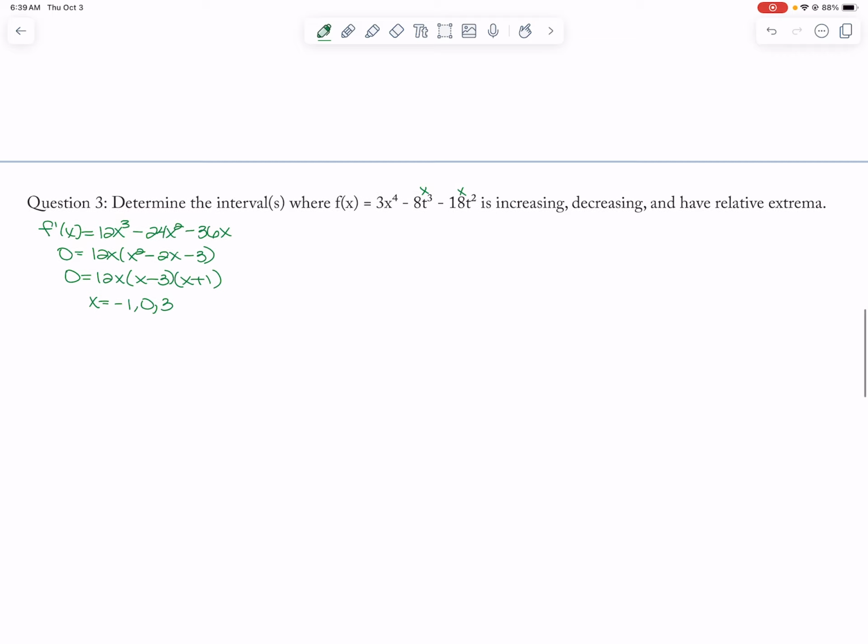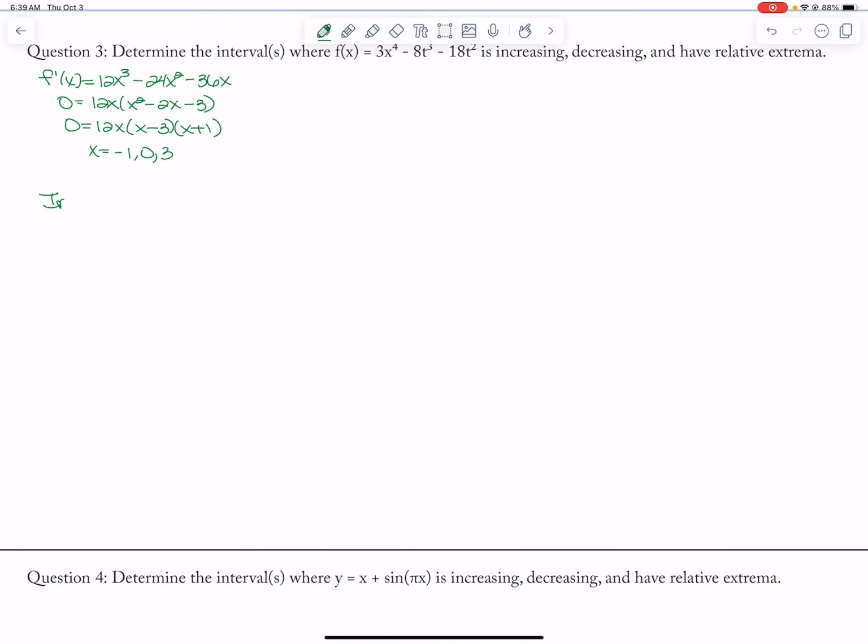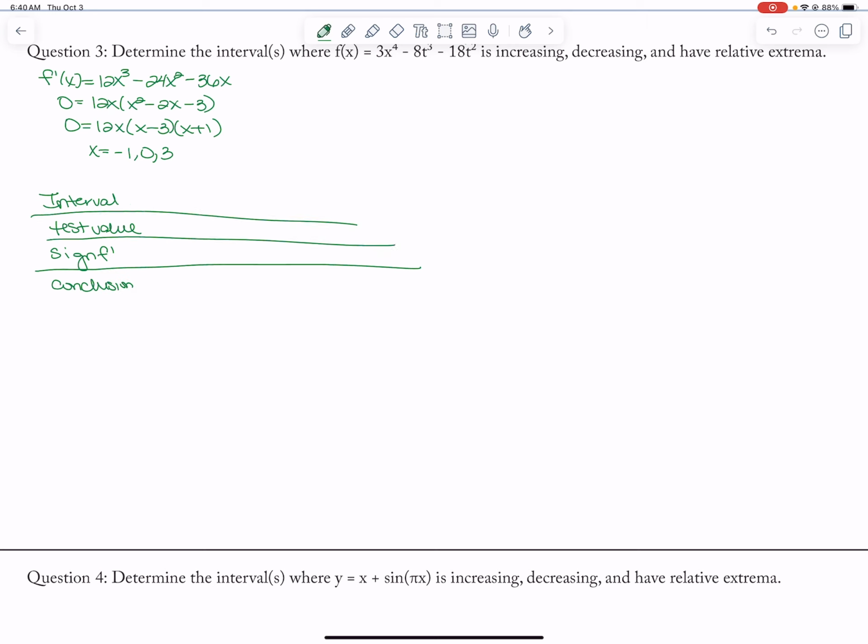So now I'm going to go ahead and do my little chart. Interval, test value, sign of f prime, and then conclusion. No interval was given, so I'm going to go from negative infinity to negative 1, negative 1 to 0, 0 to 3, and then 3 to infinity.